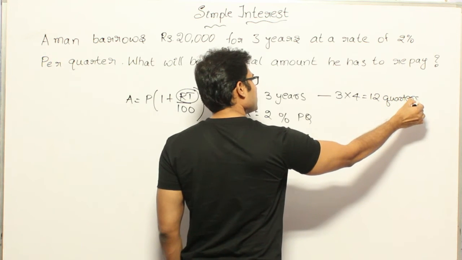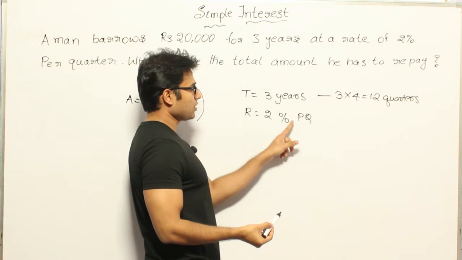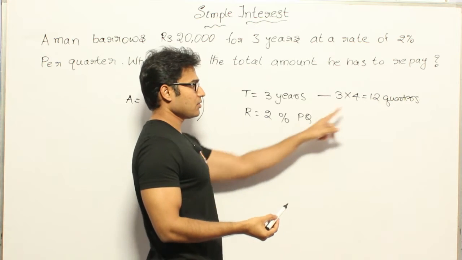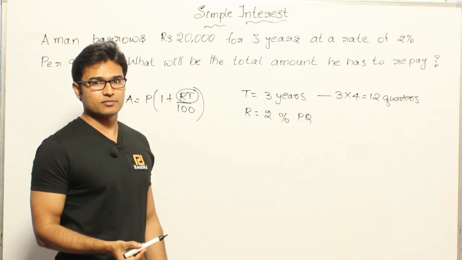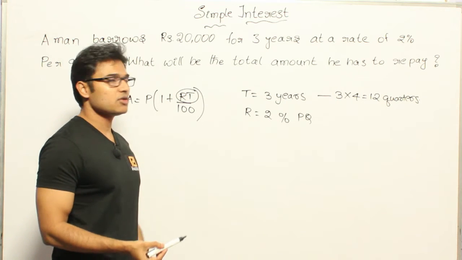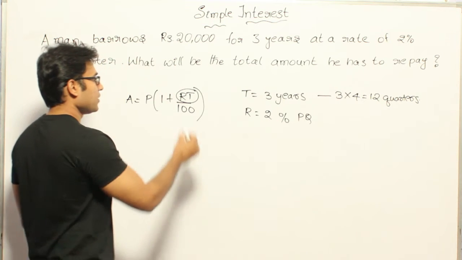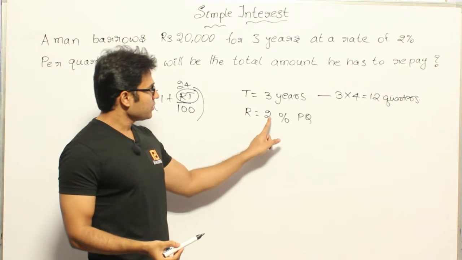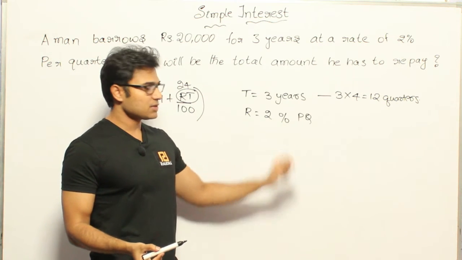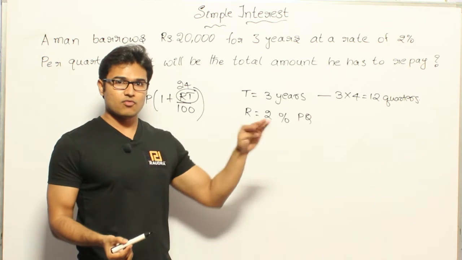Right? Now it is given that per 1 quarter the interest is 2% and there are 12 quarters. Therefore R into T is going to be 24. Got it? So the rate is going to be 24%. So either you can substitute 24 like that, or the other way is, per 1 quarter the interest is given as 2% and there are 4 quarters.